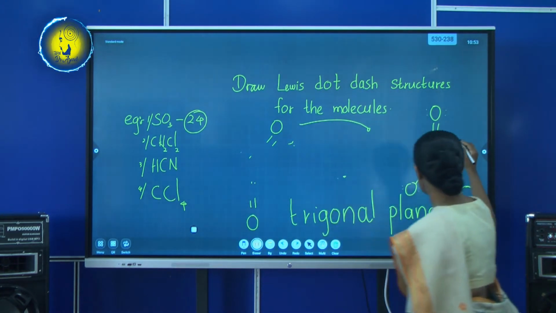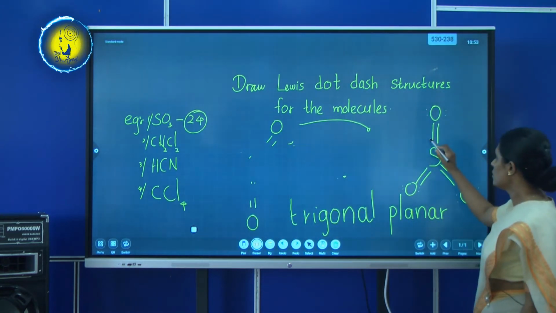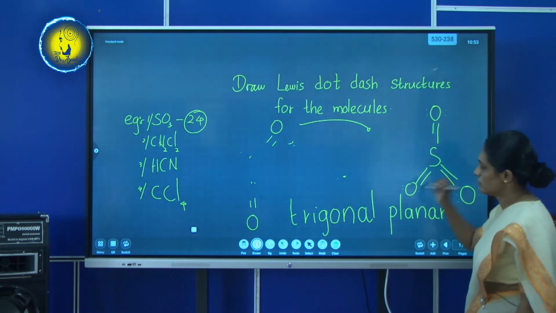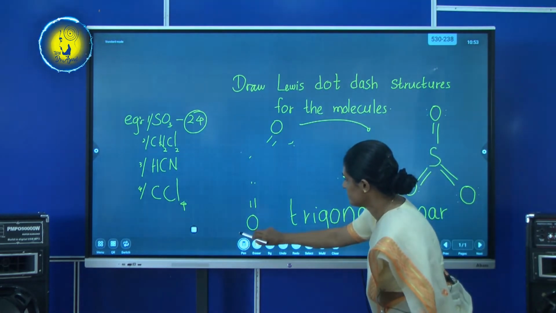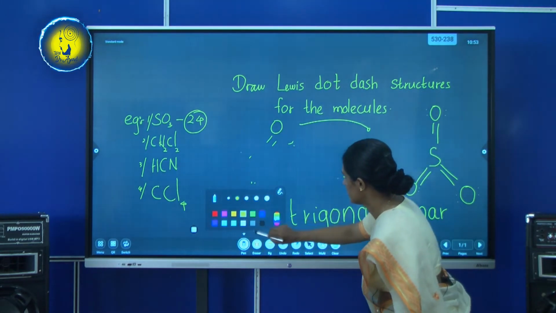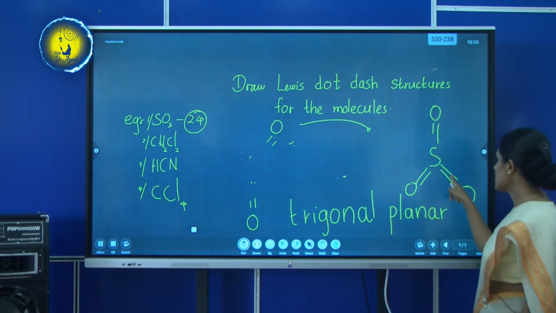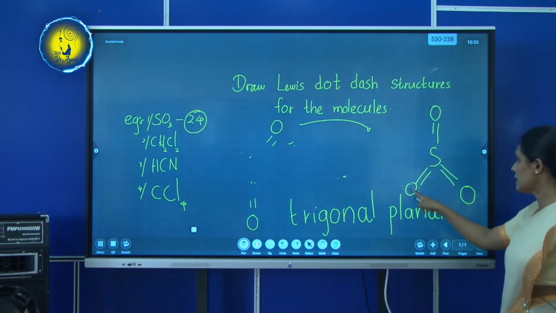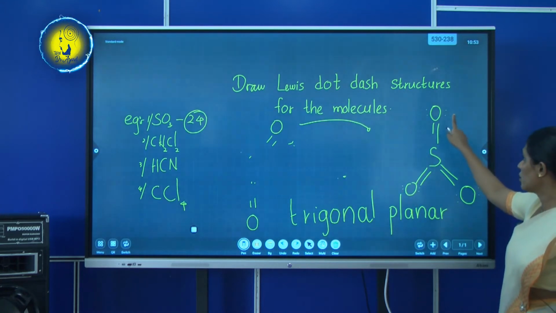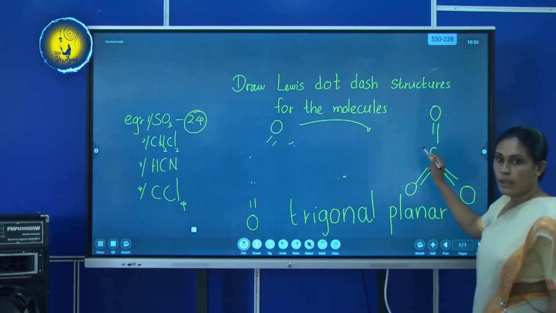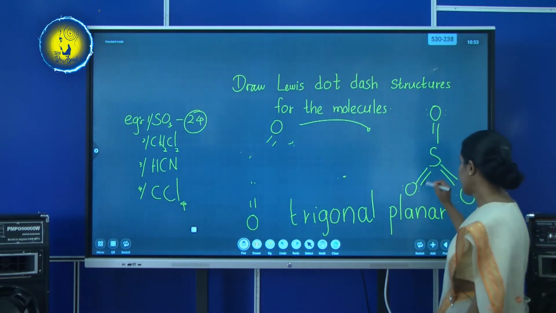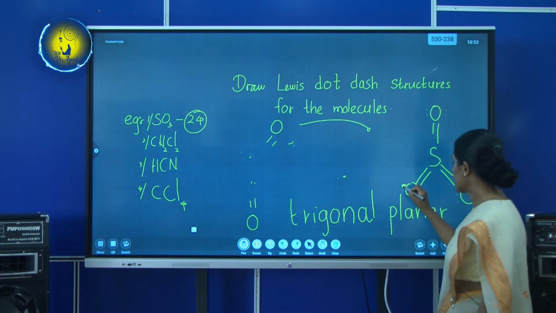See the number of electrons now here: 2, 4, 6, 8, 10, 12, 14, 16, 18, 20, 22, 24. Okay, fine. Right.